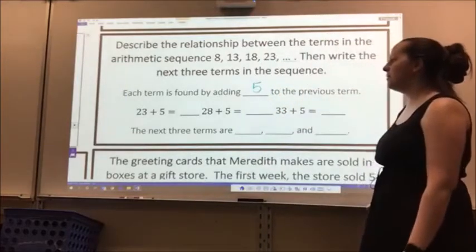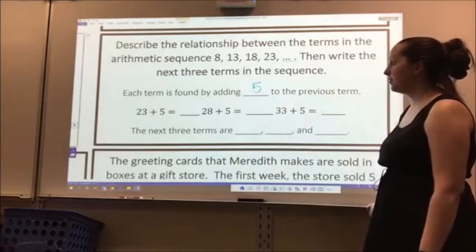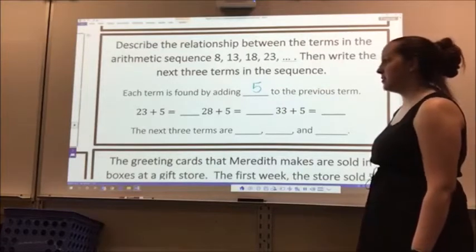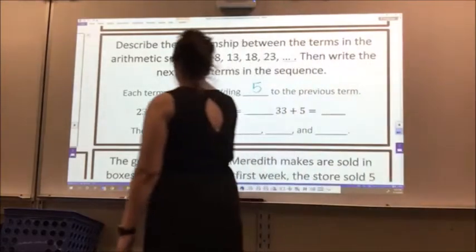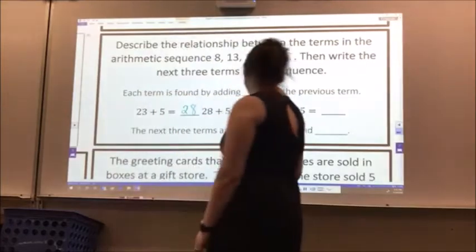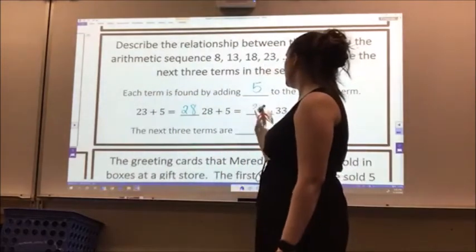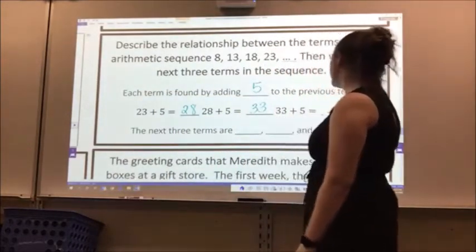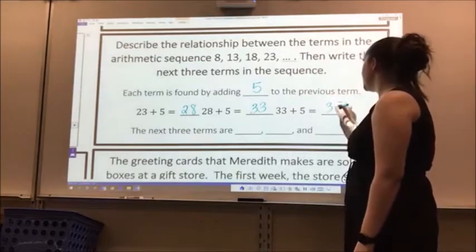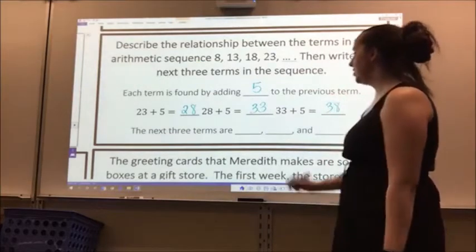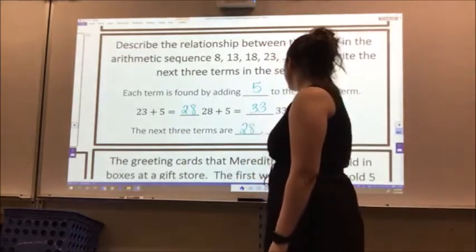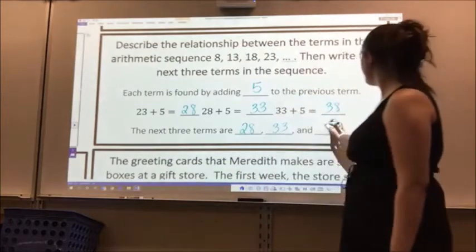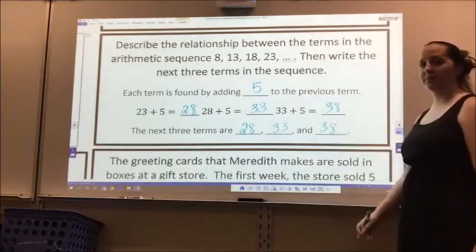So 23 plus 5 gives me 28. 28 plus 5 gives me 33. And 33 plus 5 gives me 38. So the next three terms are 28, 33, and 38.